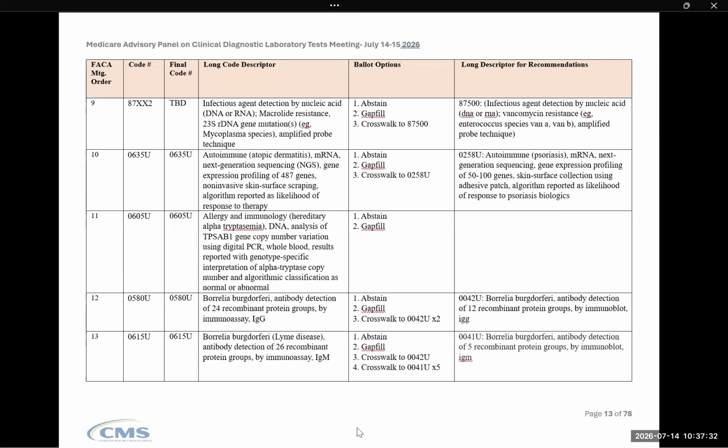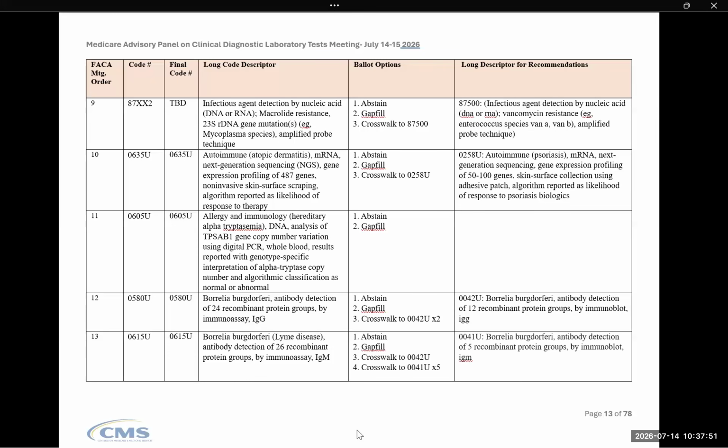For the first one, 0580U is a reconsidered code. Last year, the code was crosswalked to 0042U, the detection of Borrelia of 12 recombinant protein groups by immunoblot for IgG.